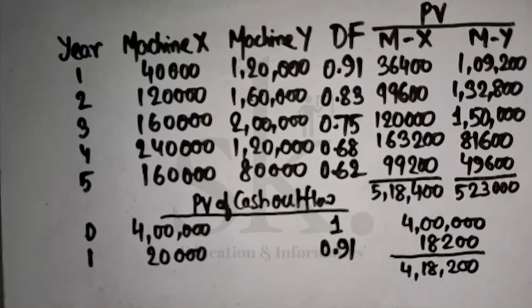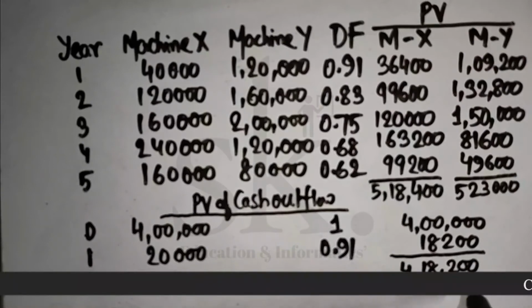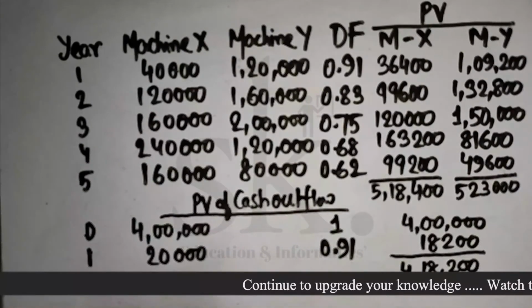So we already have calculated the PV of cash inflow with respect to machine X and machine Y. We also have calculated the cash outflow. Therefore, we require to calculate NPV.